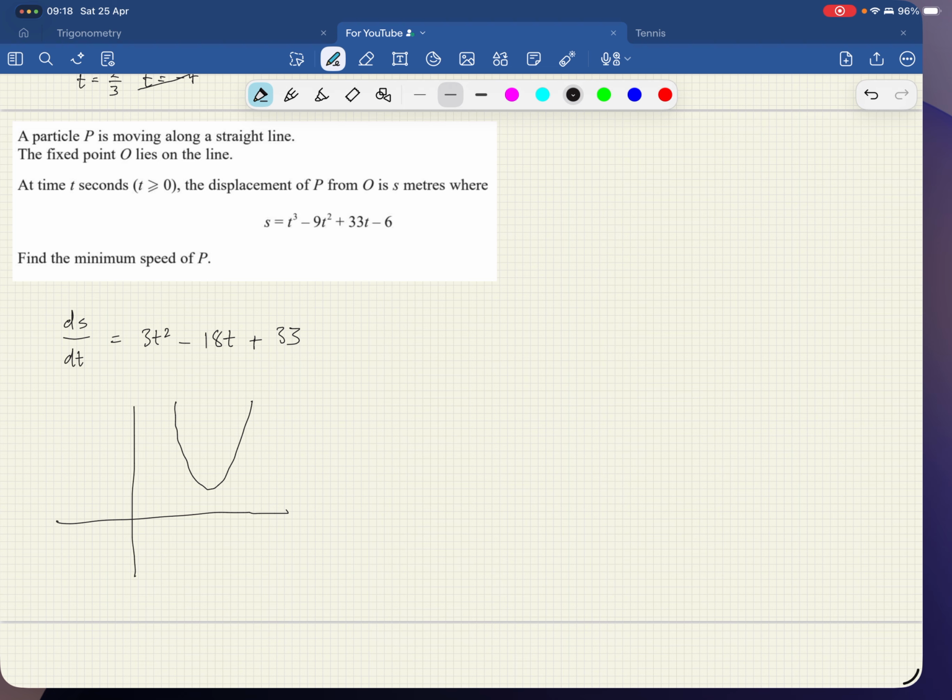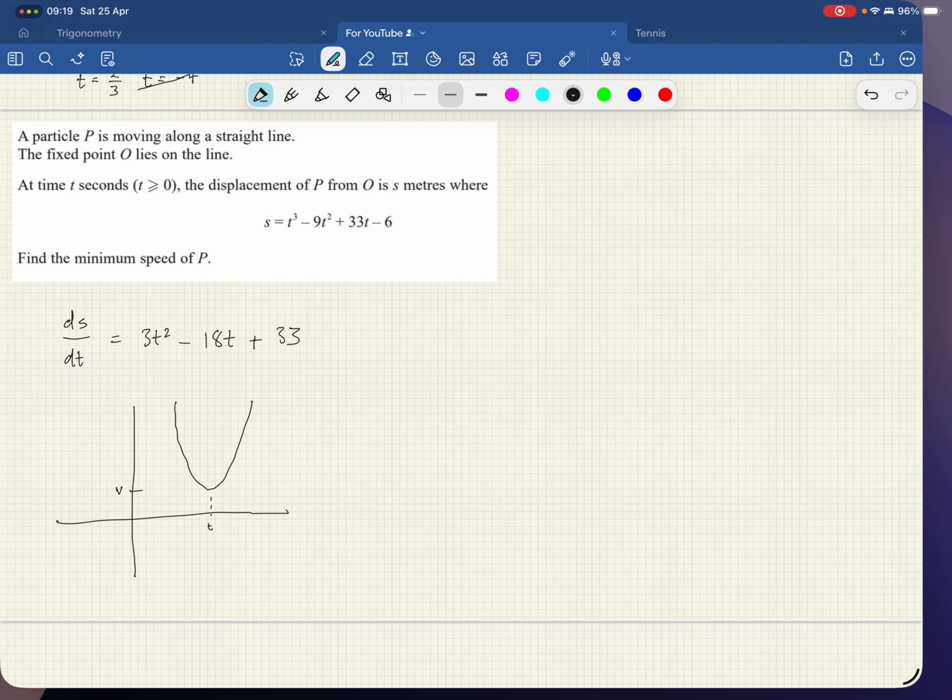We're being asked to find the minimum speed. So really, we want to find the t which corresponds to this minimum point here, and then we're going to plug it back in and find the v, because this is the velocity graph, and that will be our answer.